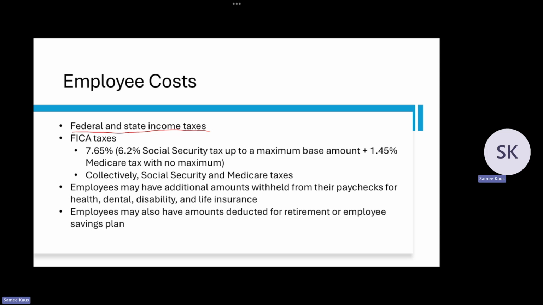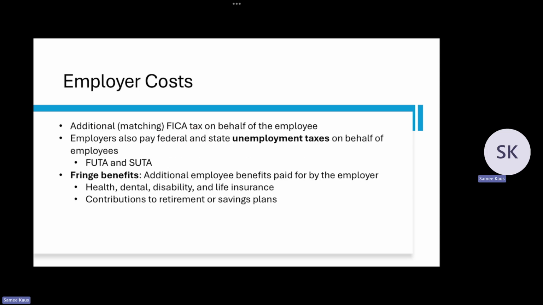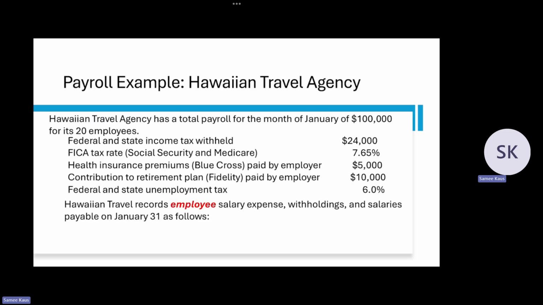You have your 7.65% collectively with FICA, anything withheld for insurance, and then retirement. Employers, okay, we have the additional FICA tax, their unemployment tax, and then again, we call these bennies, or fringe benefits here. So that's part of the benefit of having a full-time job, is you have benefits beyond just a salary. So how does that look from an accounting standpoint?